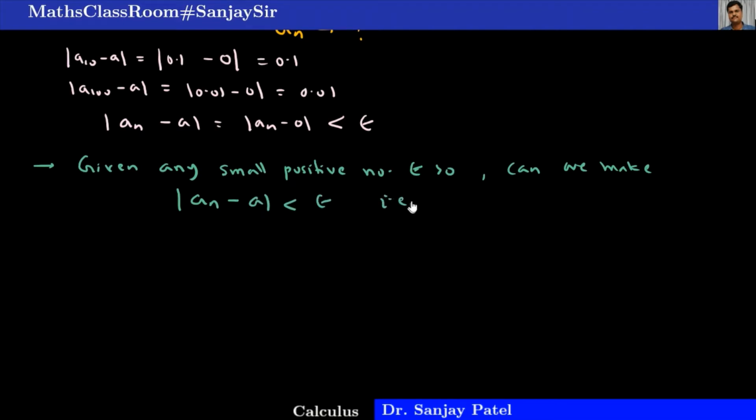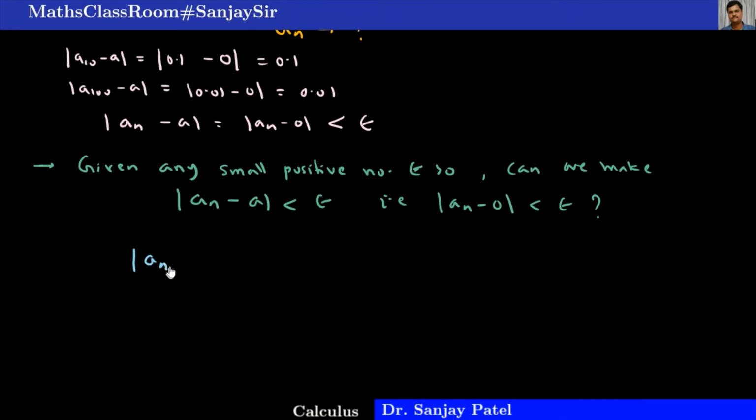That is, can we make mod of an minus 0 less than epsilon? So this is our main question. So what should I choose as the value of n so that the difference between an and 0 is less than any given small positive epsilon? This we can think in this manner.